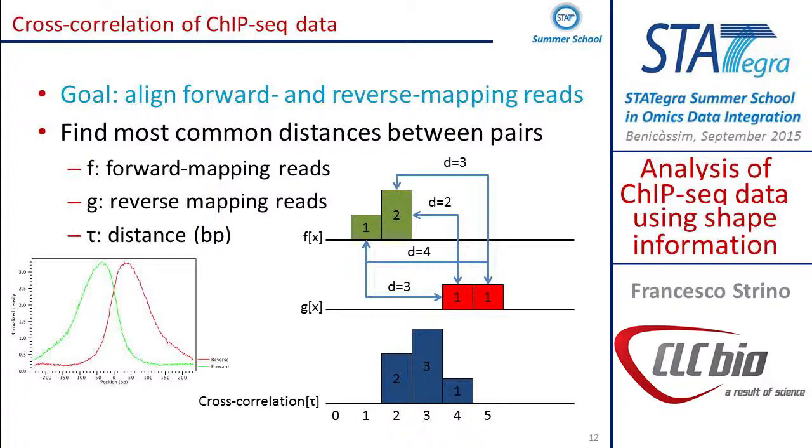On the left I show how the coverage generally looks in a transcription factor. You have this kind of shift, and this very often depends on the fragmentation, as expected. It turns out that this operation is very well known mathematically, and it's called cross-correlation.